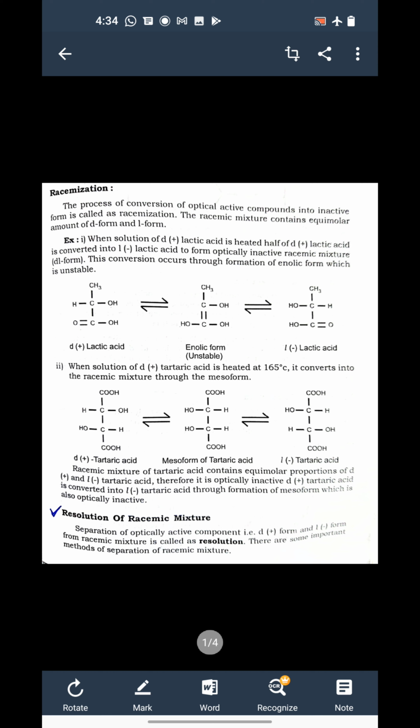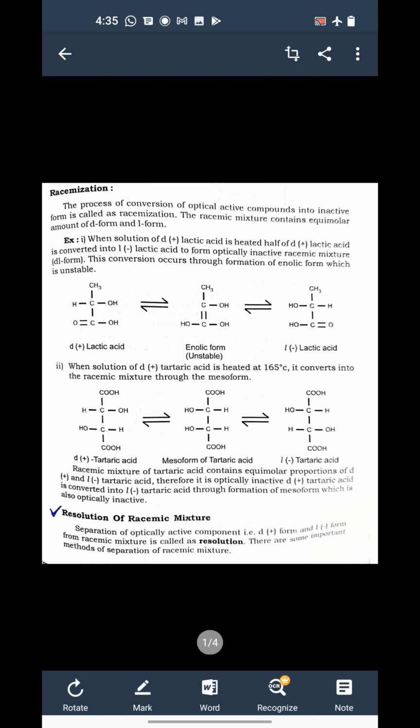Now the next term is resolution of racemic mixture. Preparation or formation of a racemic mixture is racemization. So resolution is exactly the reverse process of racemization. It means when we get the optically active components from a racemic mixture, it is called resolution.